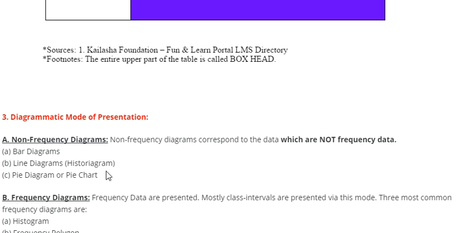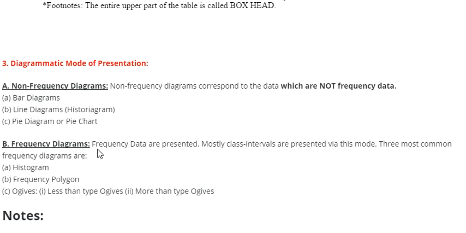Thereafter, the third mode of presentation is diagrammatic mode of presentation. Diagrams can be of two types: non-frequency diagrams and frequency diagrams. Non-frequency diagrams correspond to non-frequency data, just think of a pie chart. In a pie chart, you present distribution or division.